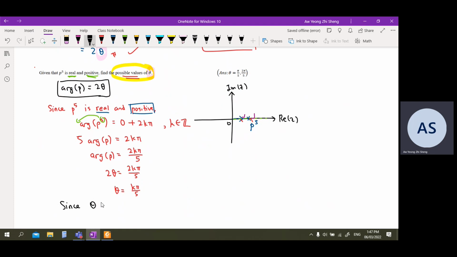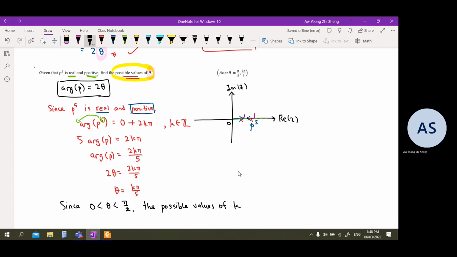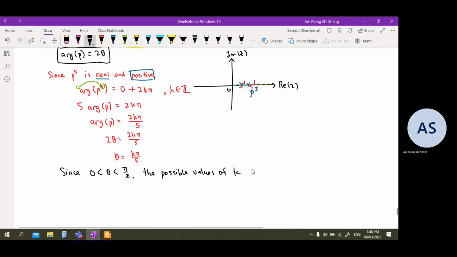Since theta is between 0 to pi over 2, the possible values of k are only 1 and 2.